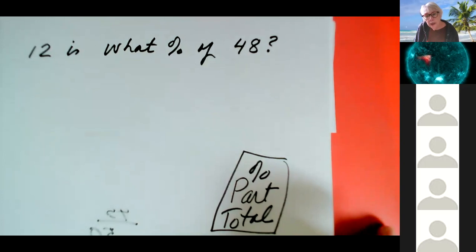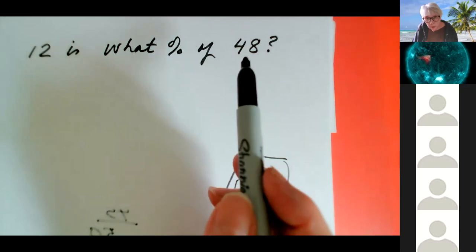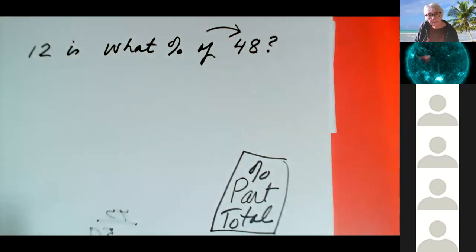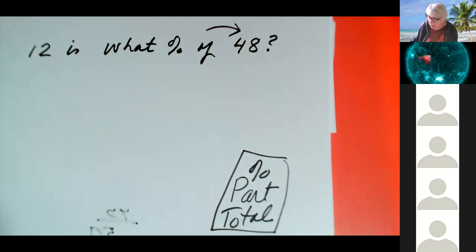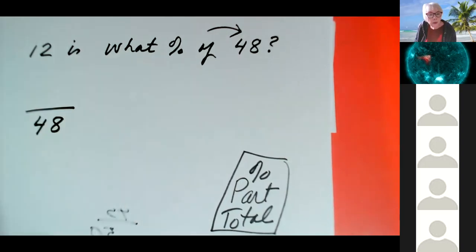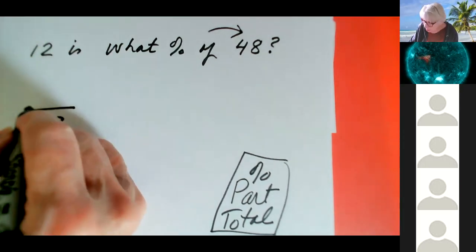And so the total is always after the word of. So it's of 48. And so this would be 48. The total is on the bottom. The part is the other number, 12.